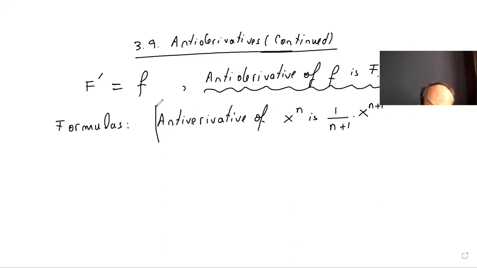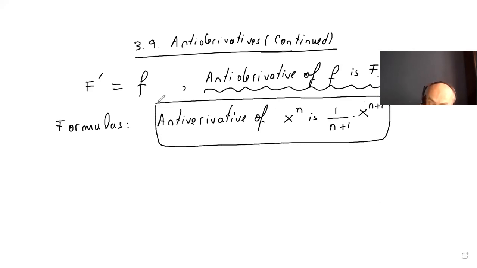So this is a very important formula here, folks. Nobody will believe that you passed calculus if you don't remember this particular formula, just like the formula for the derivative, the derivative of x to the n being n times x to the n minus 1.